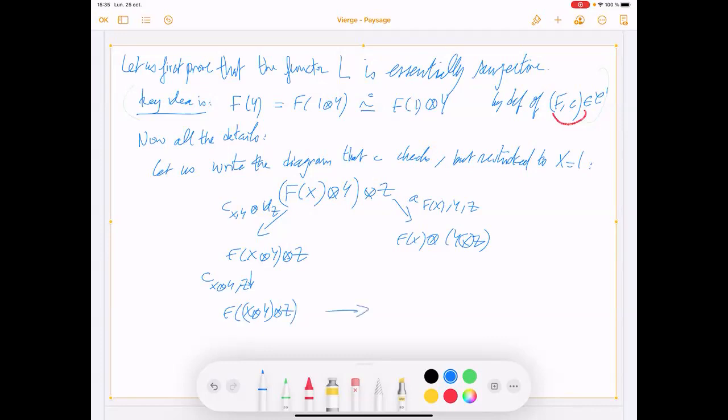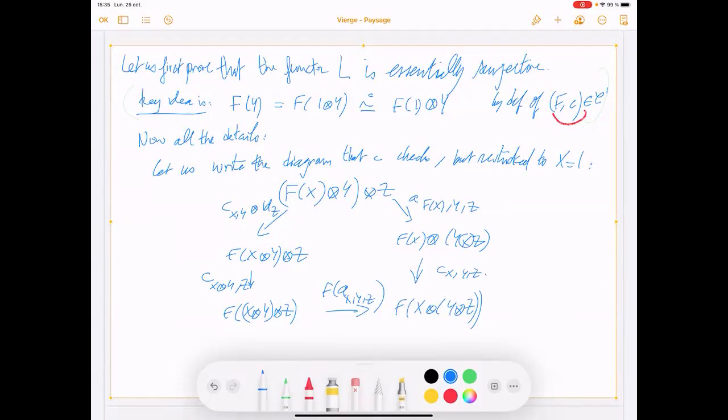And here you apply the associativity constraint inside the functor f, A of x, y, z. So you have f of x tensor y, z. And here you apply the isomorphism C, x, y, z.